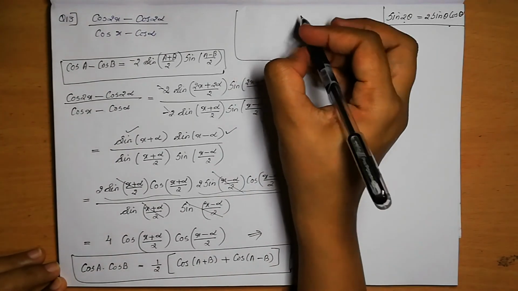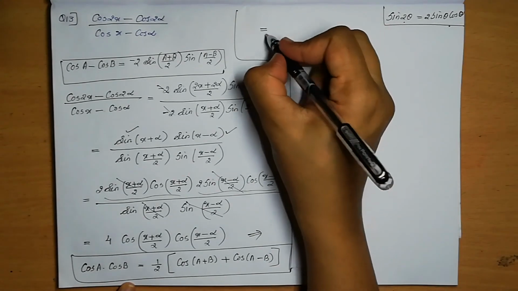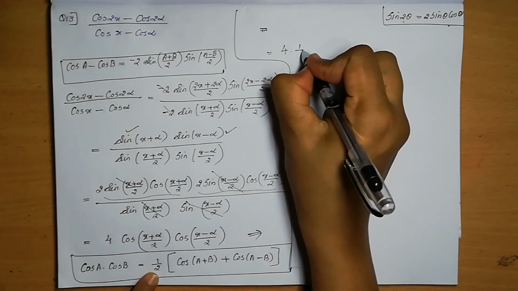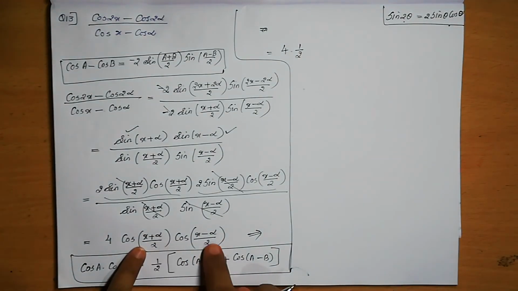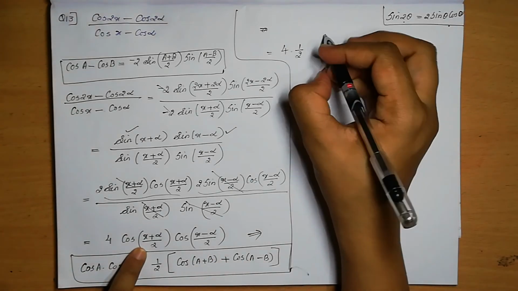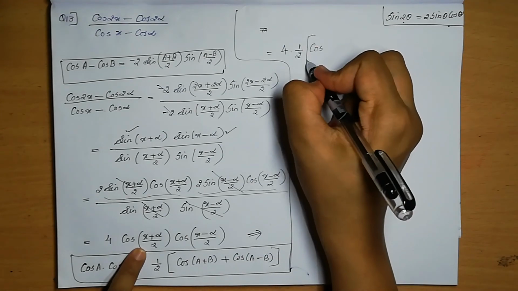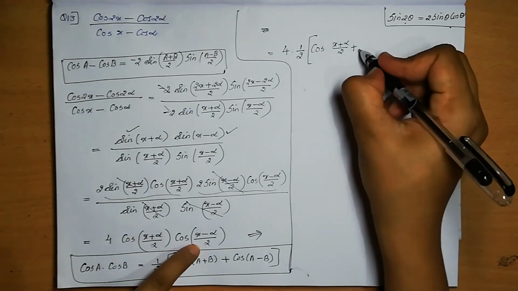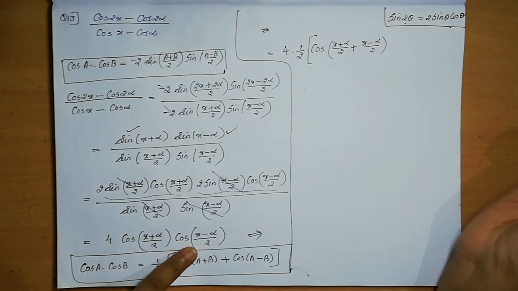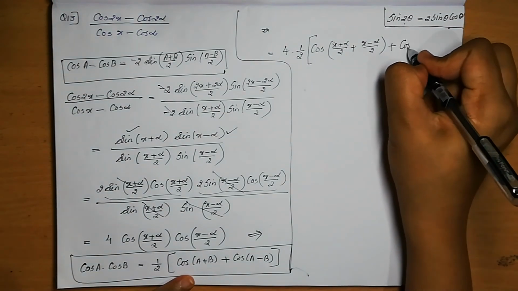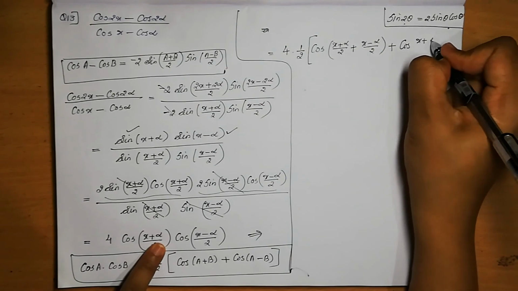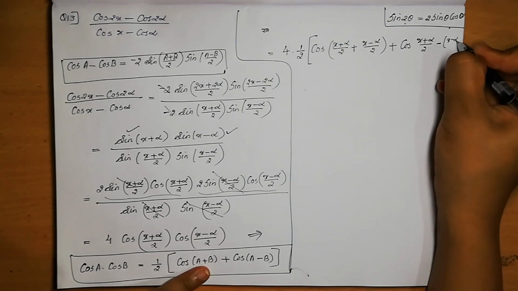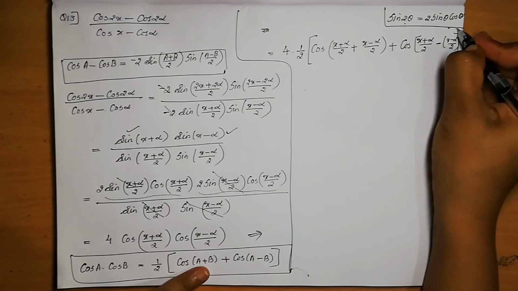So this is equal to 4 into 1 by 2 into cos of A plus B plus cos of A minus B, where A is (x plus alpha)/2 and B is (x minus alpha)/2. A plus B is (x plus alpha)/2 plus (x minus alpha)/2. Then A minus B is (x plus alpha)/2 minus (x minus alpha)/2, in brackets. The main bracket also we are closing.